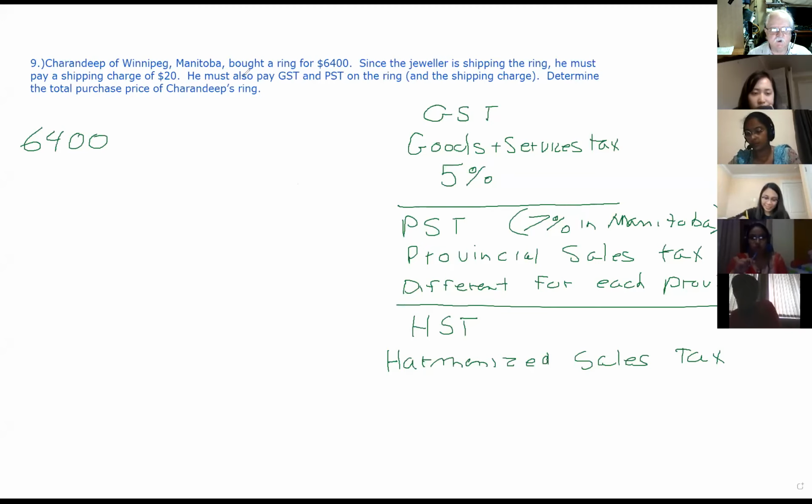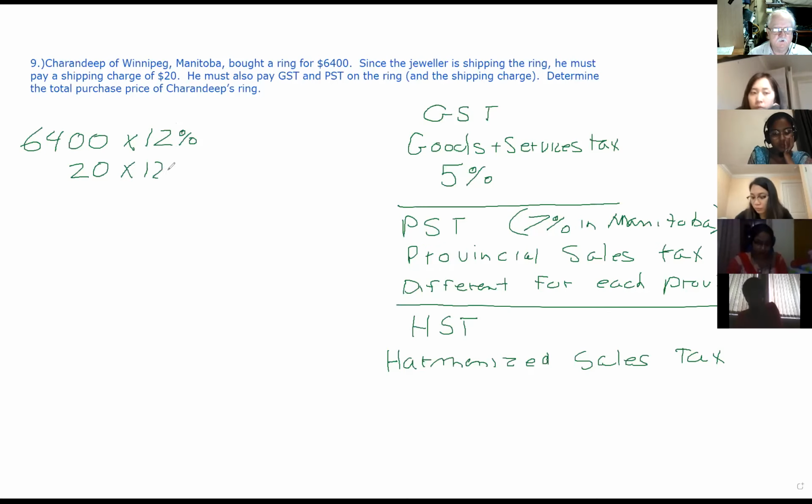Since the jeweler shipped the ring, there's a shipping charge of $20, and he's got to pay GST and PST on the ring and the shipping charges. So GST is 5%, PST is 7%, so this is going to be 12%. Let's figure out how much this is going to cost him.